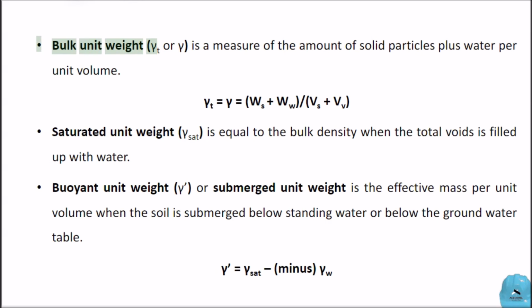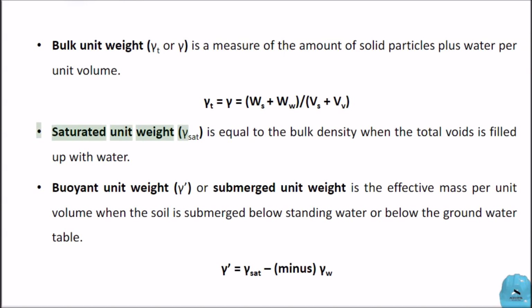Bulk unit weight, γt or γ, is a measure of the amount of solid particles plus water per unit volume. γt equals (Ws plus Ww)/V.